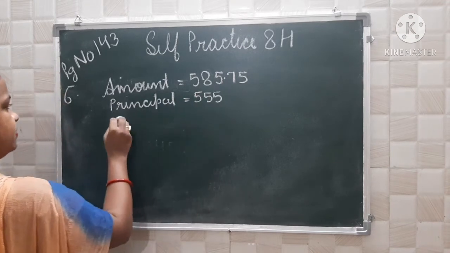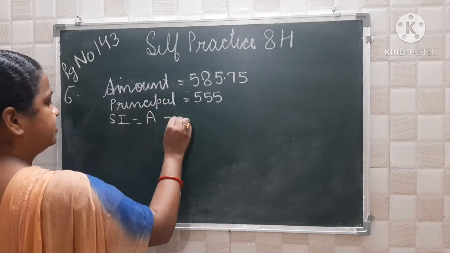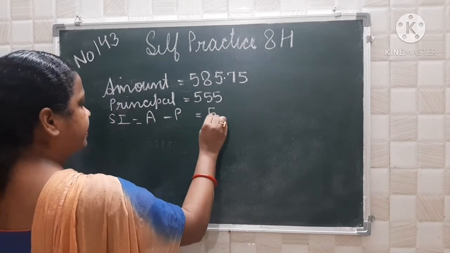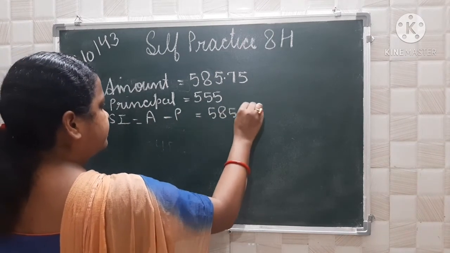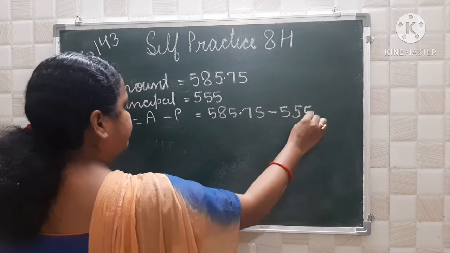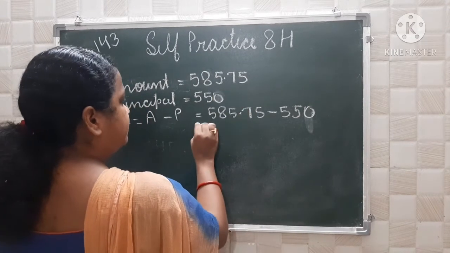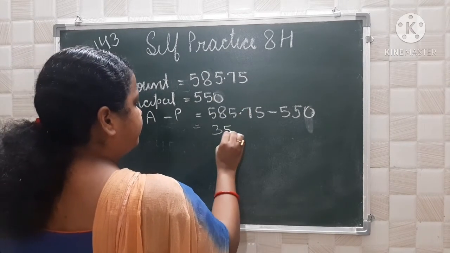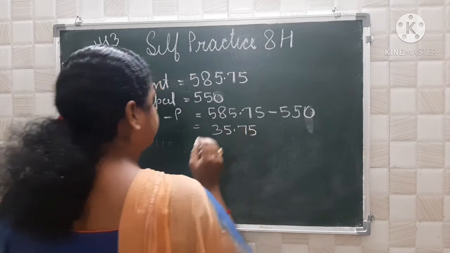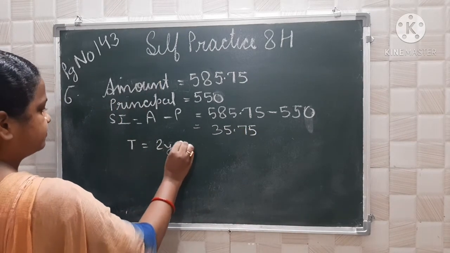So what is your SI? Amount minus principal, which is 585.75 minus 550, which is equal to 35.75.